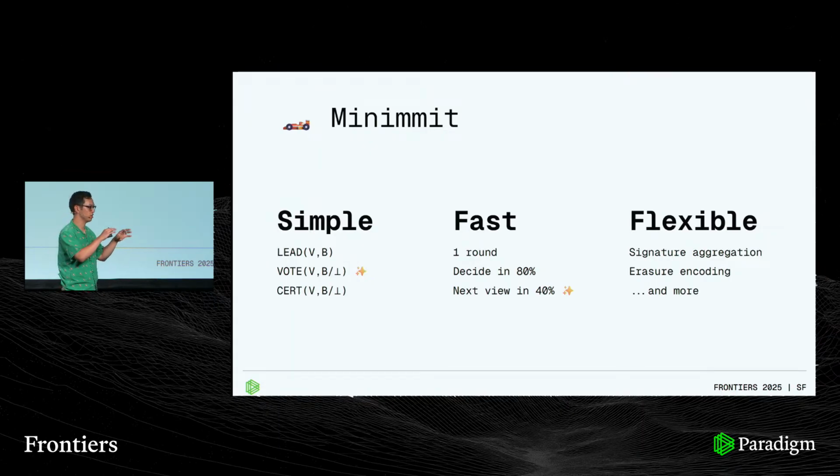Then the amount of bandwidth that the leader, or any of the peers, has to use is constant with respect to the size of the block rather than the size of the validator set. That's not built into the original protocol, but it's nice that it's easily extensible in that way, and it's already been applied to other similar consensus functions. And then you had another question that I forgot.